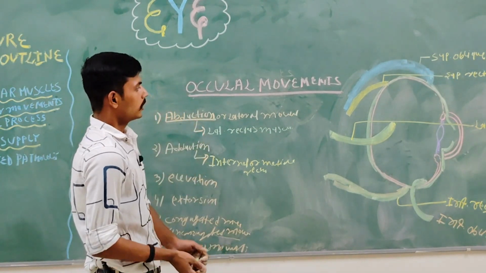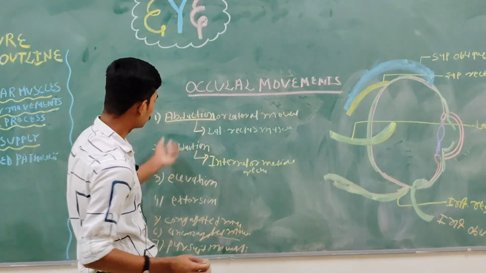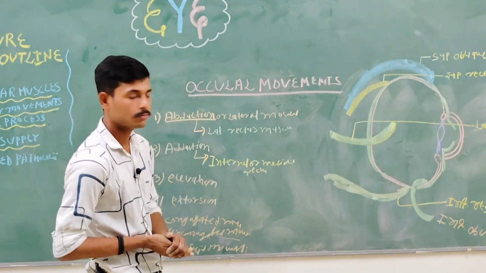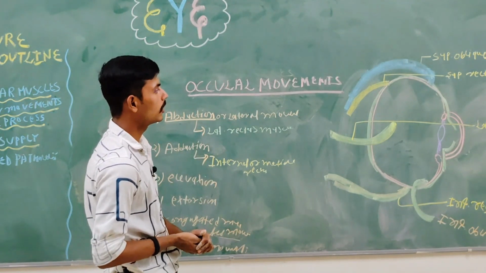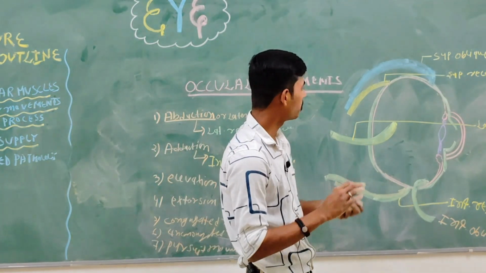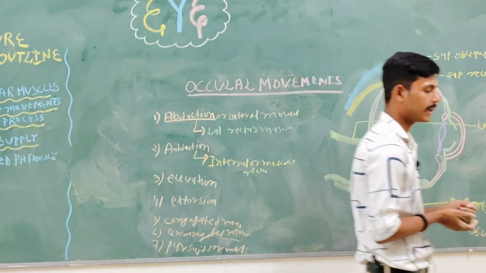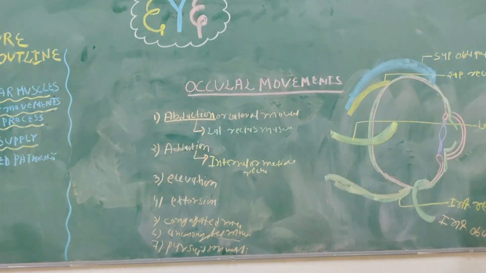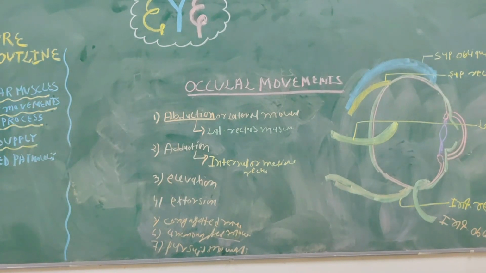So these are some of the movements called ocular movements, which are performed by the eyeball to see the object clearly and make the right image. Understood? No problem.